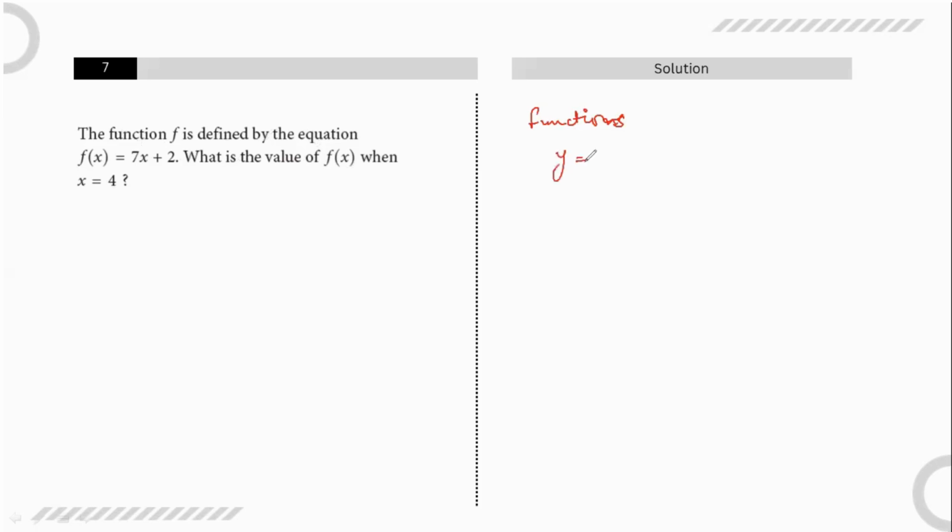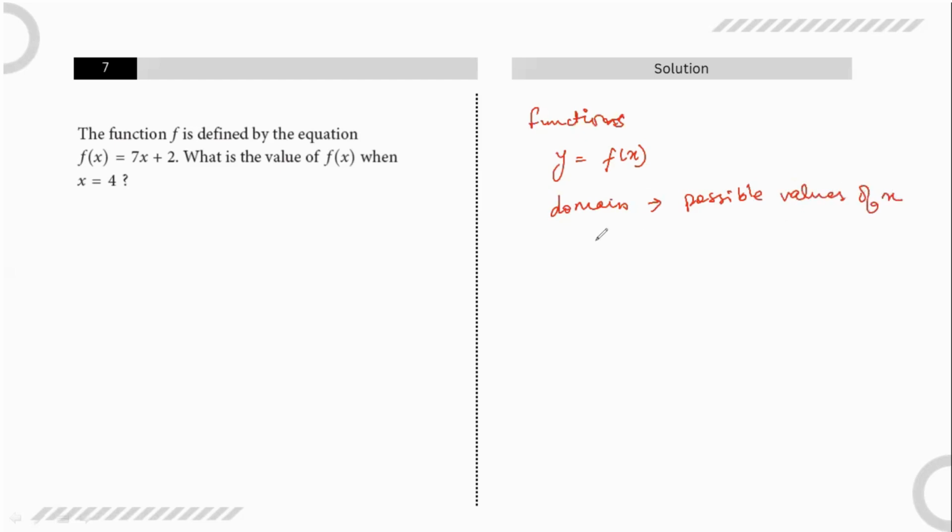In generic terms, the concept of functions is y is equal to f(x). What is x? All the possible values of x are the domain. So what's a domain? Domain is all the possible values of x.